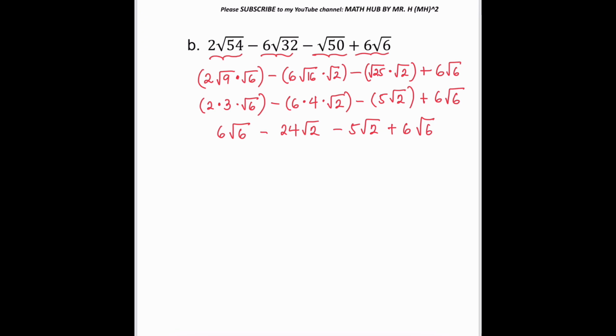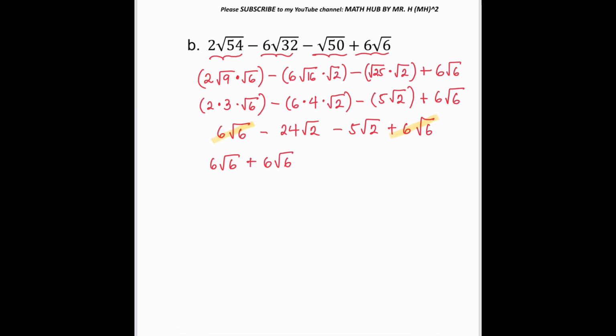Last step is combining like terms. So like what I mentioned earlier, the first and the last term. So we can put together this and the last one because they are like terms. So you got 6 square root of 6 plus 6 square root of 6.